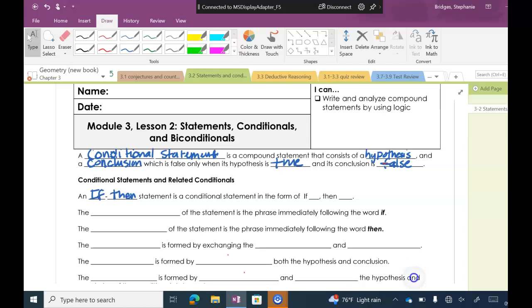So that conditional statement is in the form of if P, where P represents my hypothesis, then Q, and Q is the conclusion. Okay, if P, then Q. If the hypothesis, then the conclusion.